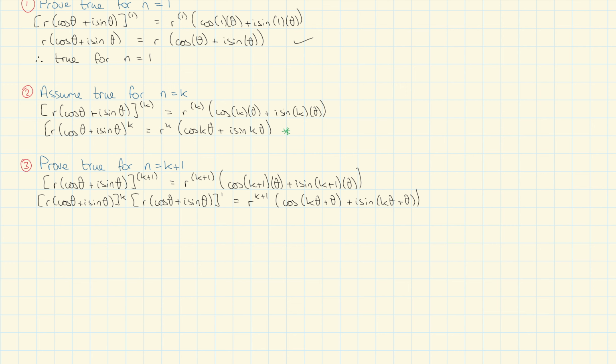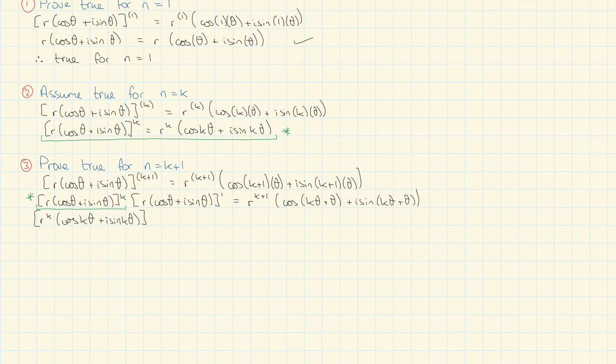And then what happens here is I've got a square bracket here. So this step here now, I'm going to rewrite. And here's my substitution. So this becomes r to the power of k on cos of k theta plus i sin k theta.